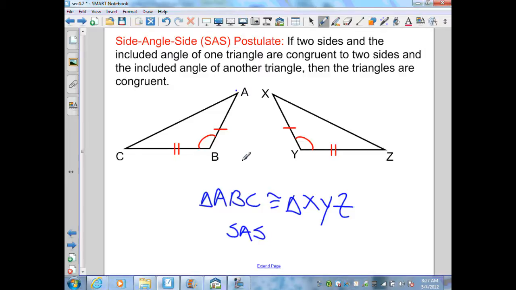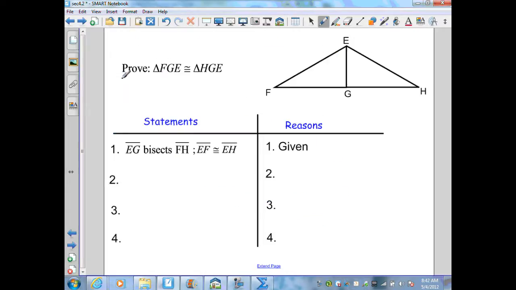Again, a great shortcut. Instead of using 6 correspondences to get triangles congruent, I now need 3 to prove triangles congruent, as long as they're in the correct format, which those 2 formats we know now are side-side-side and side-angle-side.